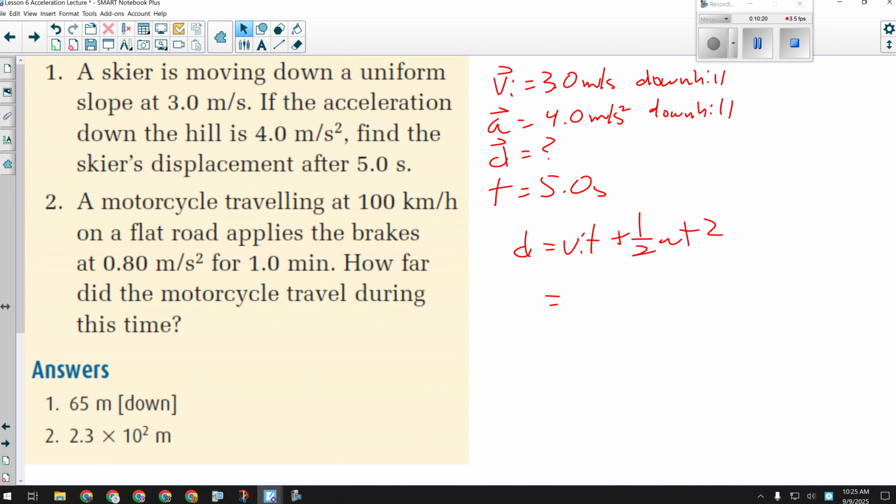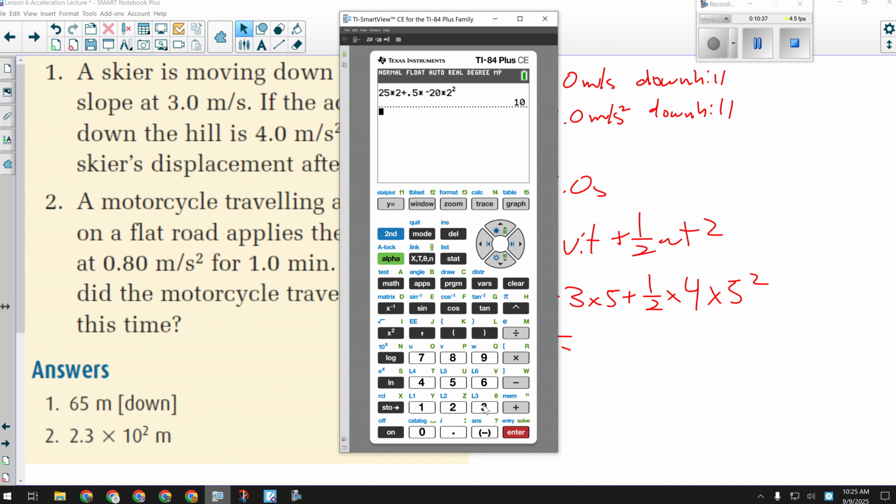So just punching in here: 3 meters per second times 5 seconds plus 1/2 times 4 times 5 squared. So 3 times 5 plus 0.5 times 4 times 25.